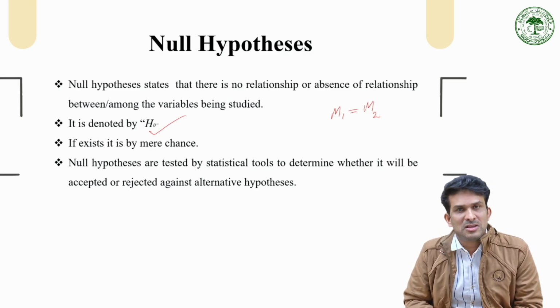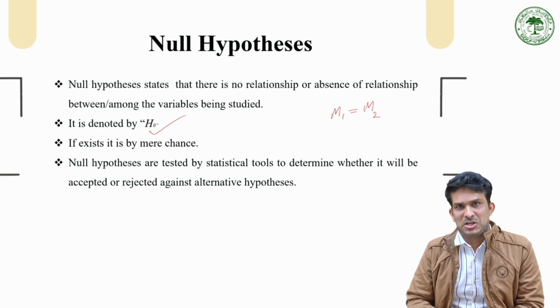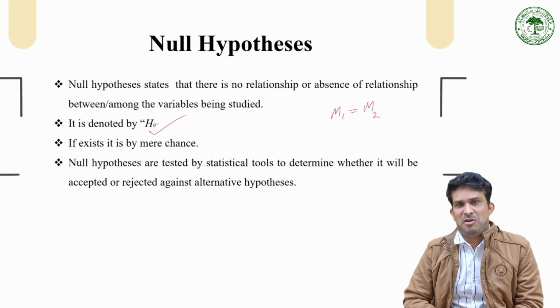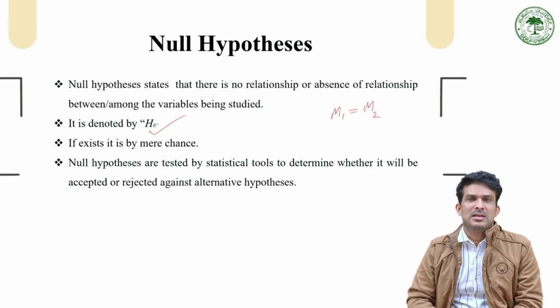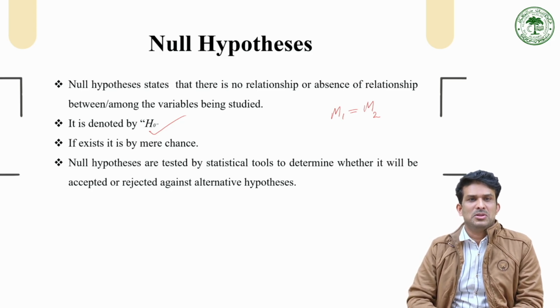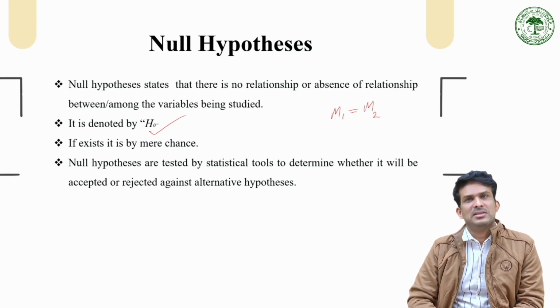The other is when we talk about relationship, there is no relationship between x and y. The relationship is not significant. That is actually the null hypothesis. If it exists, it is by mere chance. That is actually what we state through null hypothesis.